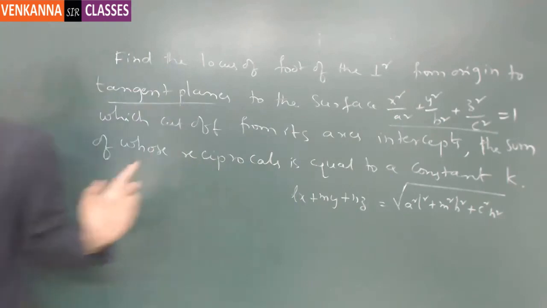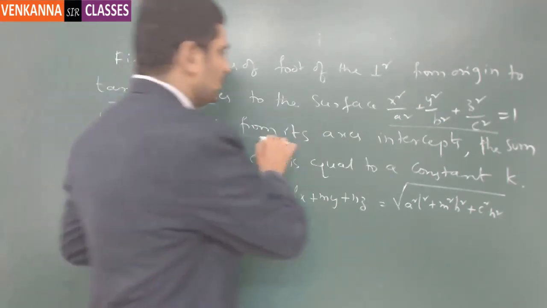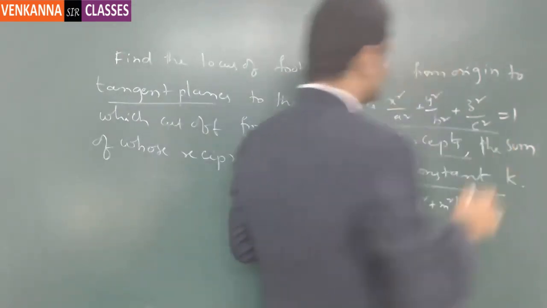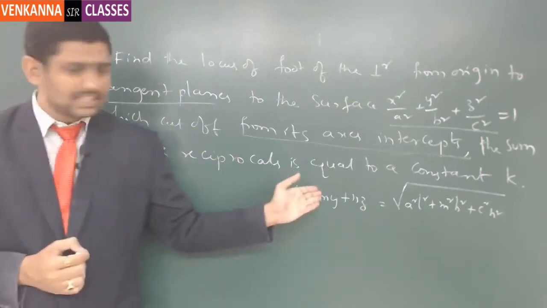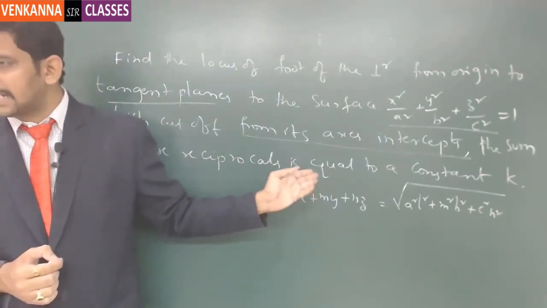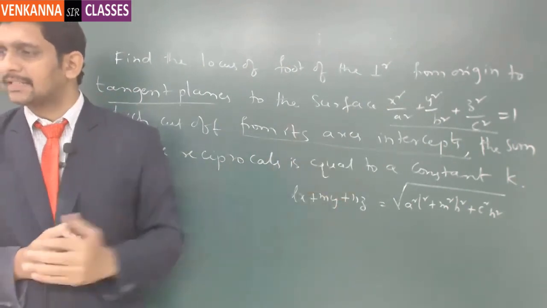Now if you read the question, it is given that it makes intercepts with the axis. That is one thing. The tangent plane you have considered here is making intercepts with the axis.